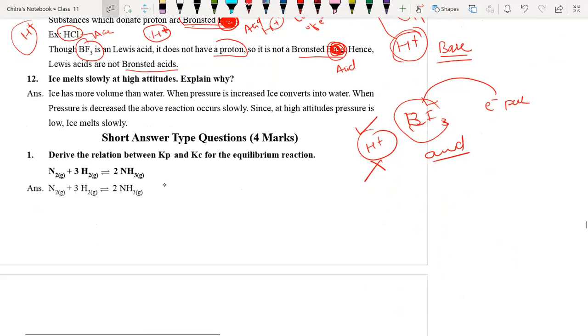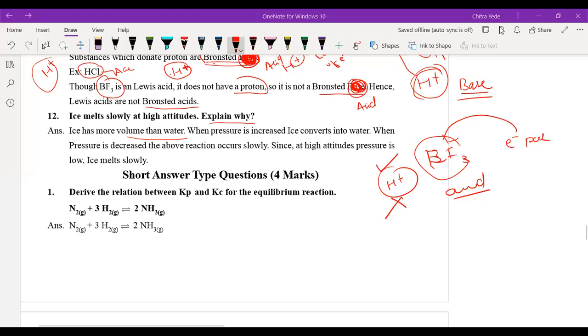Next question we have: ice melts slowly at a high altitude. Explain why. Again, it is very important. It is due to the difference in pressure. So ice has more volume than water. You know, the density of water is highest at 4 degrees Celsius. Any idea about that?